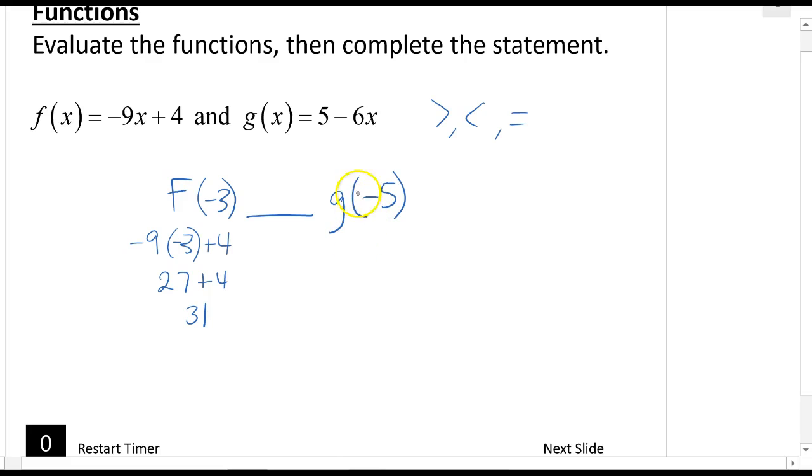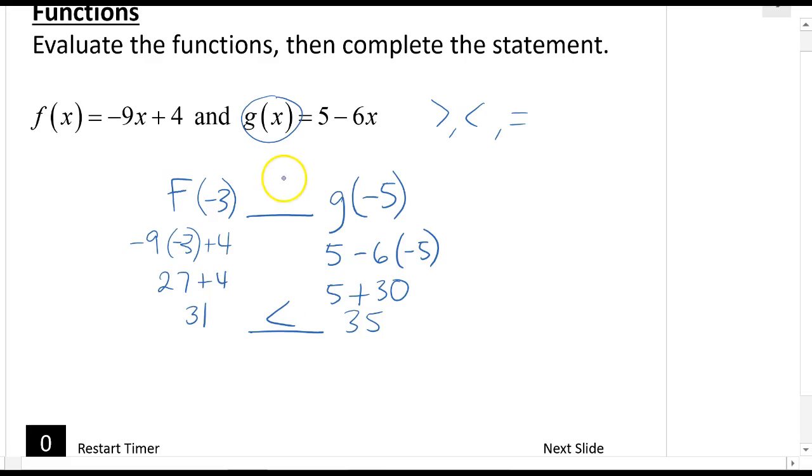Okay, and then if we plug in -5 to the g function, it's 5 minus 6 times the input of -5, and that's 5 plus, -6 times -5 is plus 30, and that's 35. Okay, so then we know that 35 is greater than 31, so that means g of -5 is greater than f of -3. Okay? And that's it. Basically just plug in the value you're given and then see which one is larger.